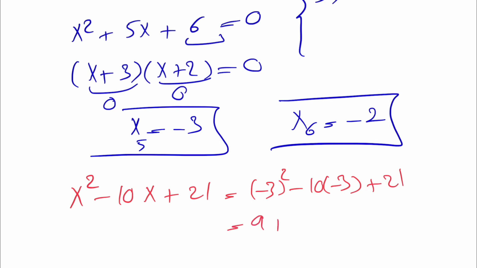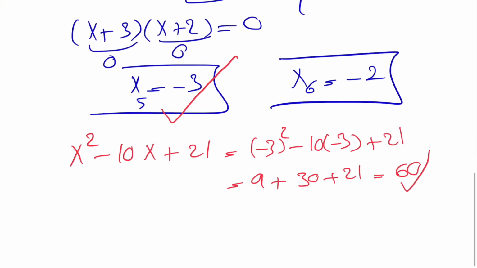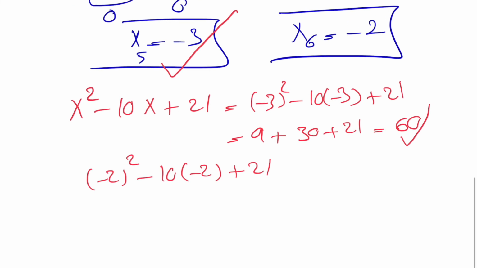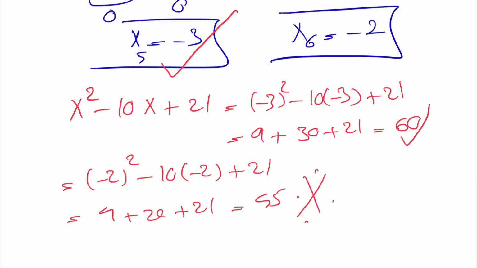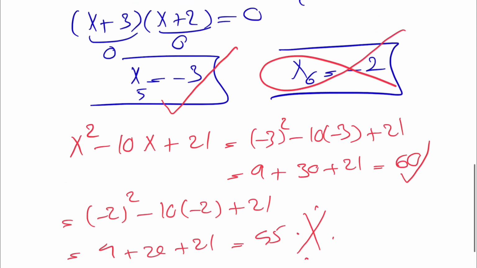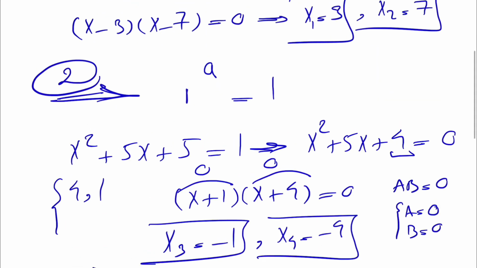It's basically 9 plus 30 plus 21, which will be 60. Even number, this one's good. Let's try minus 2. Minus 2 squared minus 10 times minus 2 plus 21. This will be 4 plus 20 plus 21, which is equal to 45. We have an odd number. That means this answer is not acceptable.